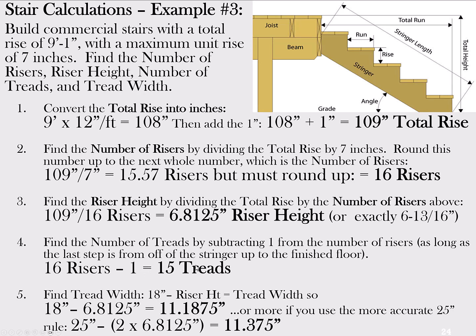We end up with 15 treads in step 4, and in step 5 we're doing the math for the tread width. But again, on your exam, you won't have a tread width problem. We'll deal with finding the number of risers, calculating the riser height, and the number of tread boards, but we're not going to deal with the tread width. We could, but I just don't have it on there, so I'm omitting that.